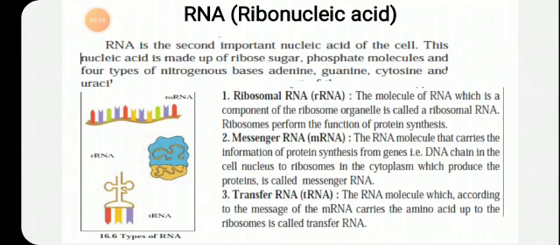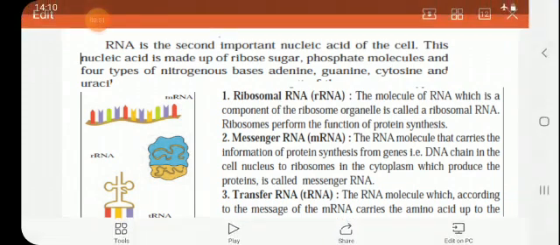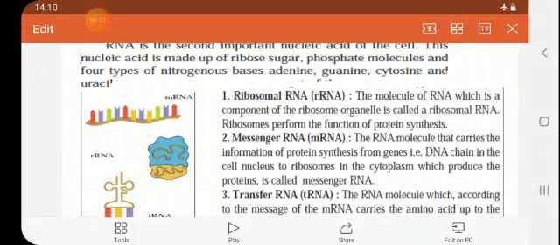Here adenine, guanine, cytosine and uracil are present in place of thymine. Uracil is present here in place of thymine. Both are also what we can call purine and pyrimidine.